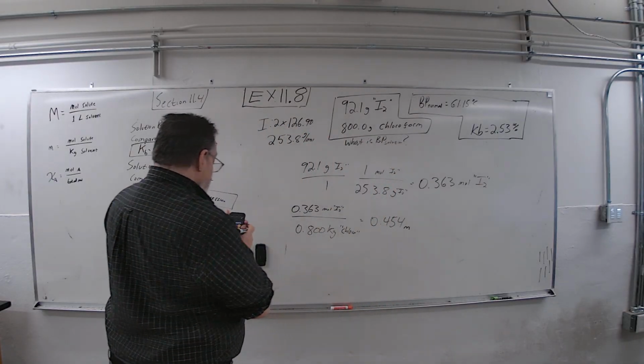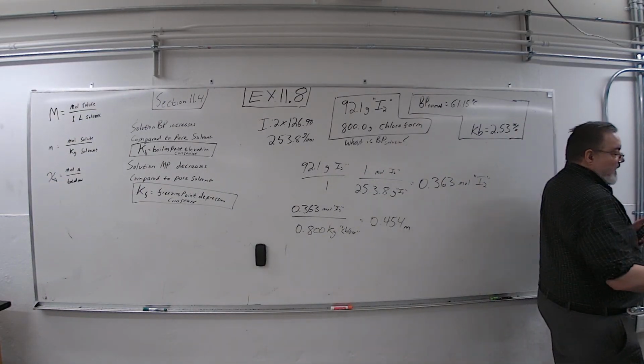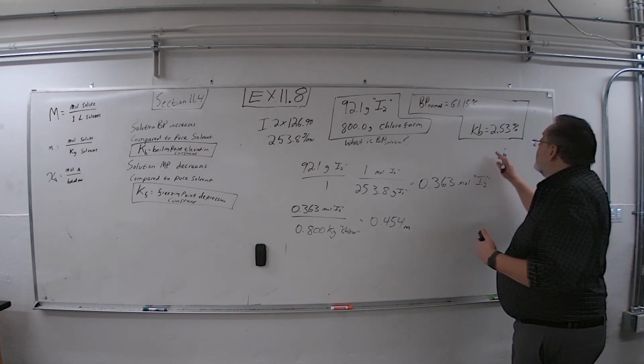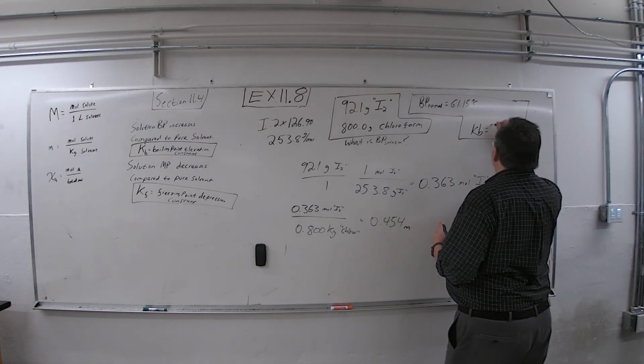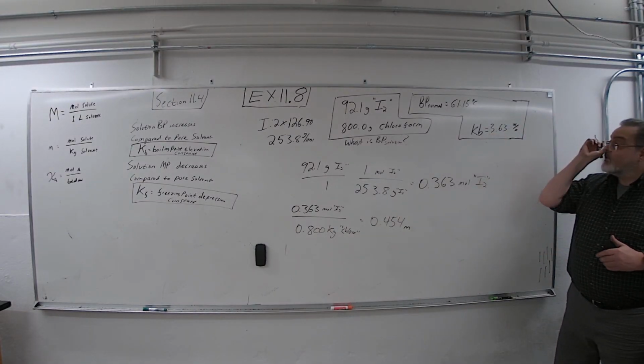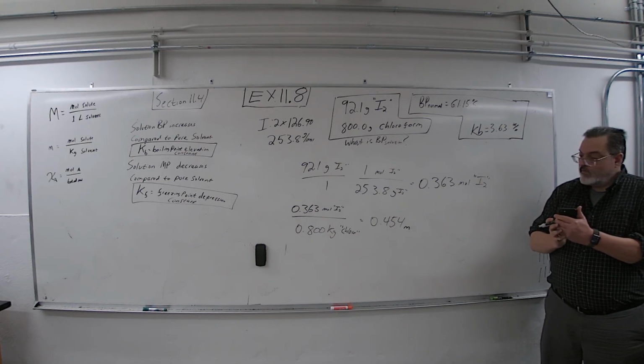And now we can use... Sorry. I will give you that in a problem, so you know what it is. So now we got to multiply 0.454.